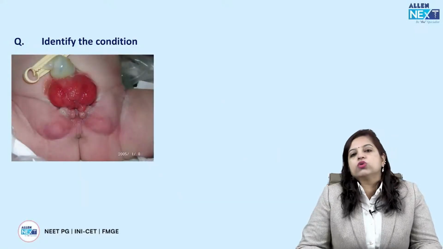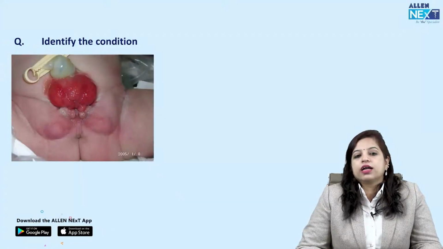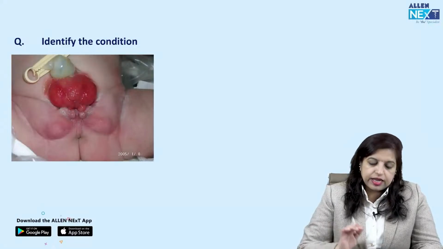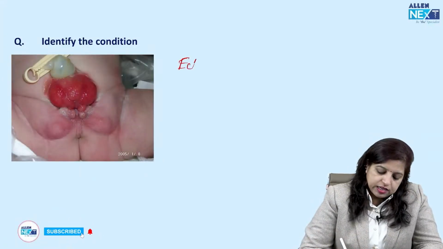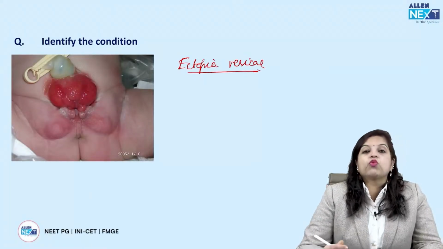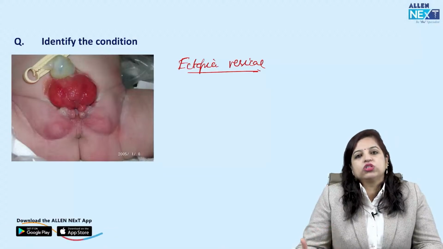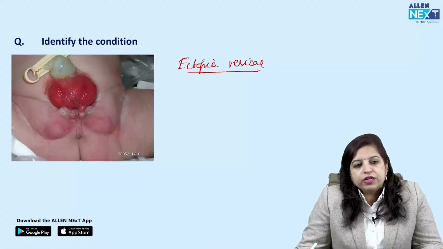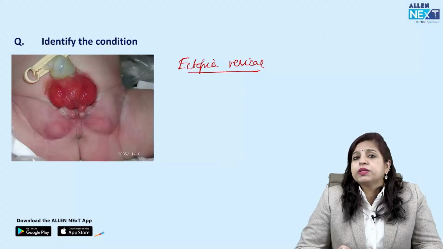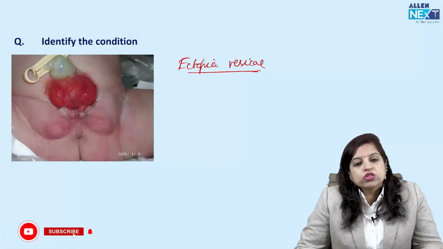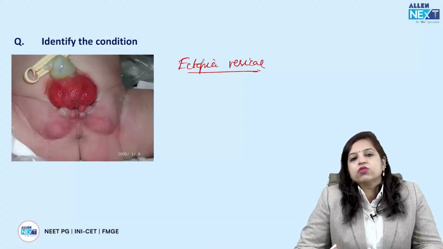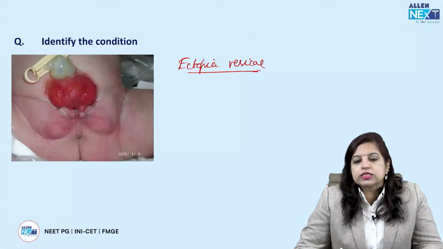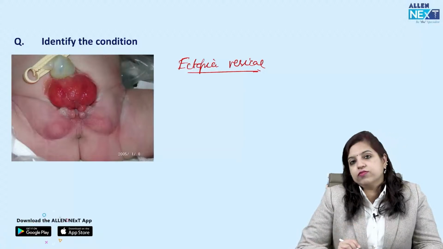Now coming on to the next condition, when we see something like this. What is this? This is nothing but ectopia vesicae. Ectopia vesicae means what you can see is the posterior wall of the bladder. There is a complete ventral defect of the urogenital sinus and the overlying skeletal system, and failure of development of the lower abdominal wall and also the anterior wall of the bladder.